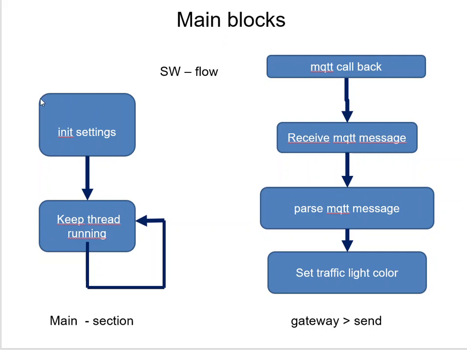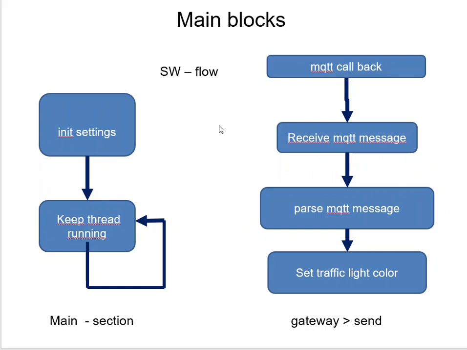This is now the main flow diagram for your client that you are creating. First you make the initiation settings. So you define what is required to initiate your application, and then we let a thread be running, so it will be continuously checking whether there are messages. And the message handler: when there are these MQTT messages, those will be handled in so-called callbacks. It's like some kind of interrupt service routine.